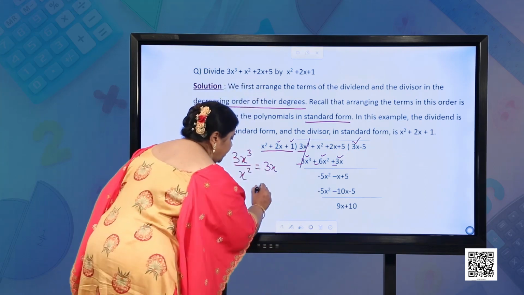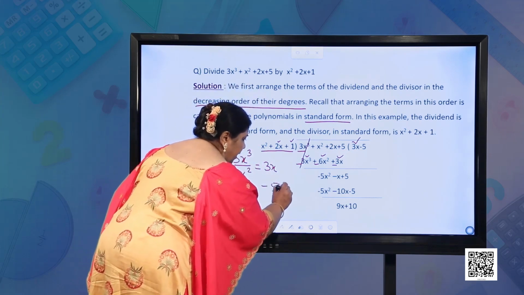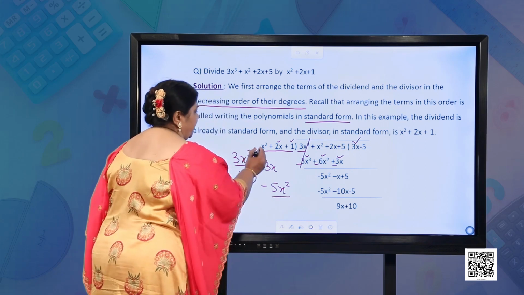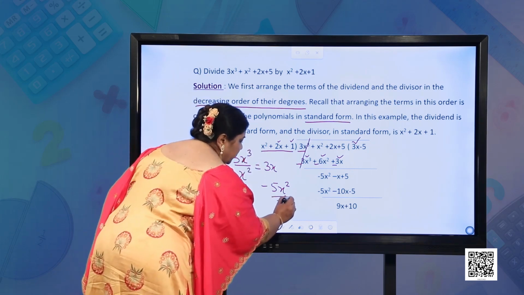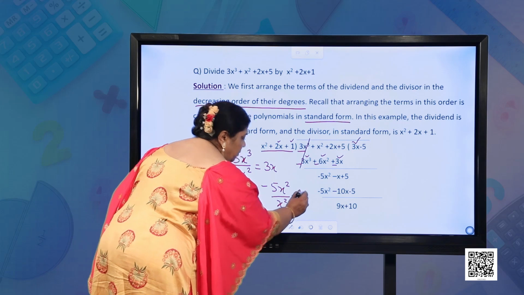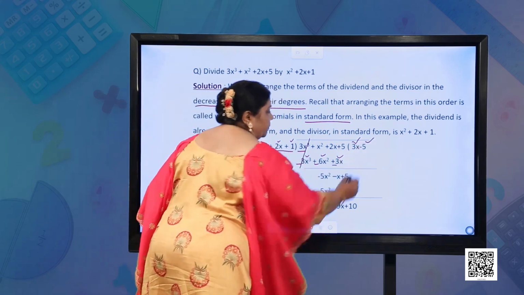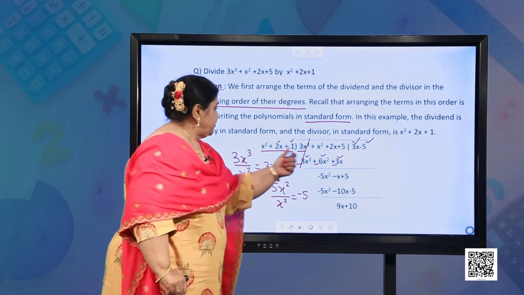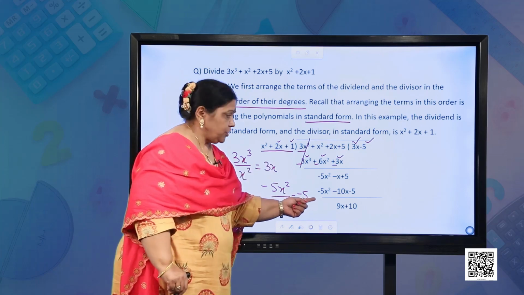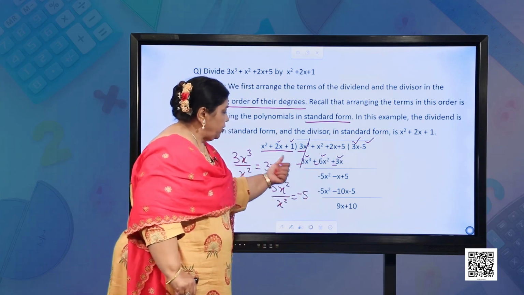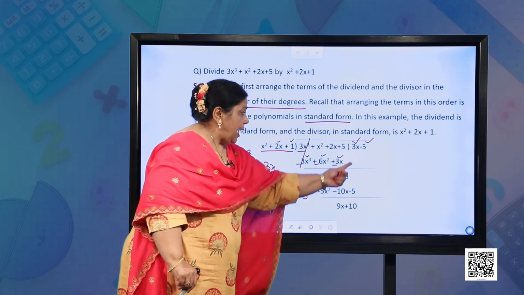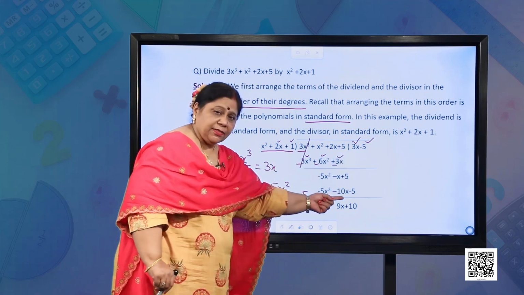Now, same process here, we have minus 5x square and I am given here only x square. So, obviously, I will multiply by minus 5. Okay. So, minus 5 into x square will give me minus 5x square, minus 5 into 2x will give me minus 10x and minus 5 into 1 will give me minus 5.